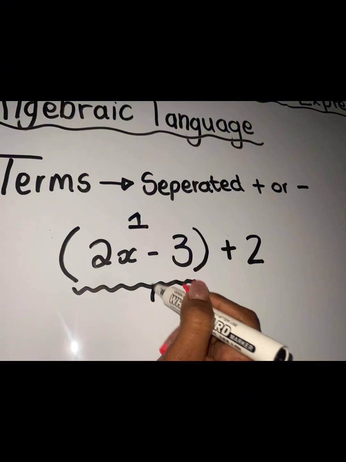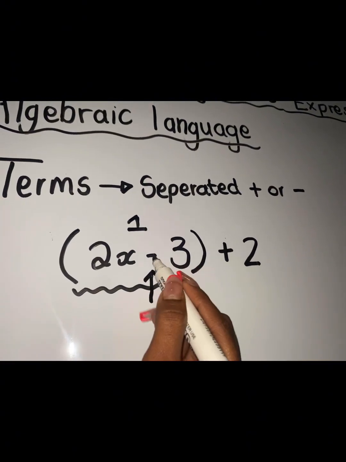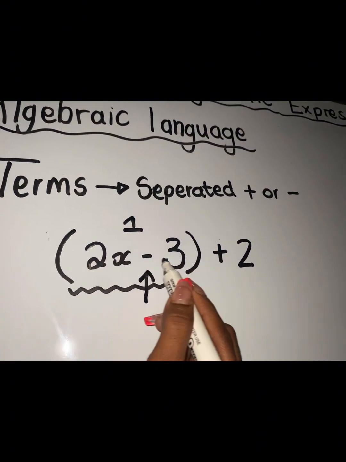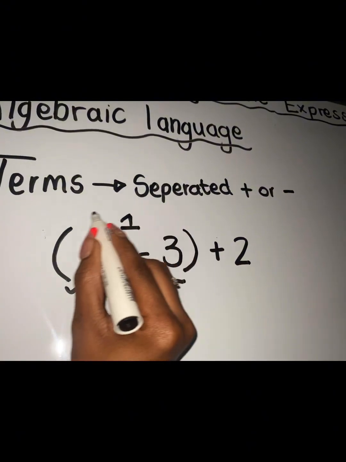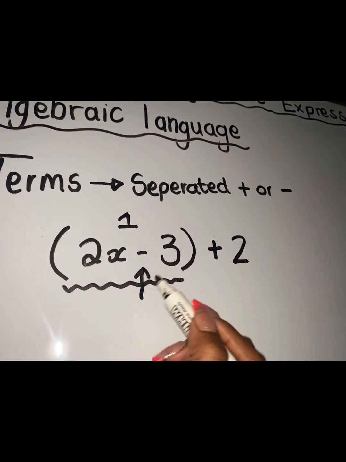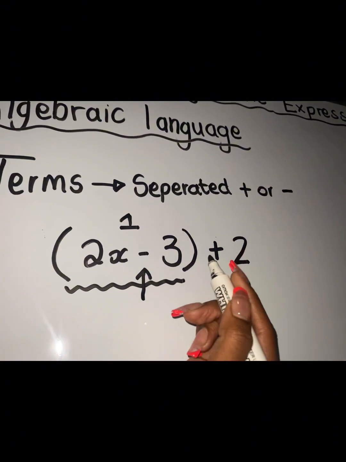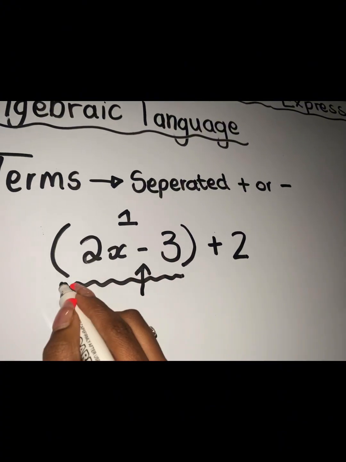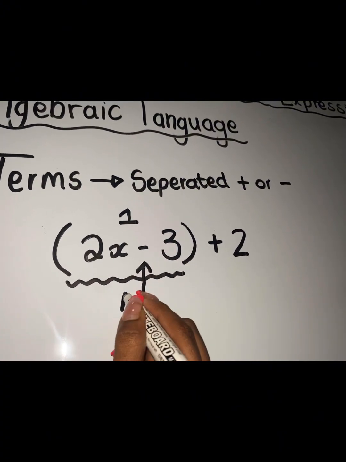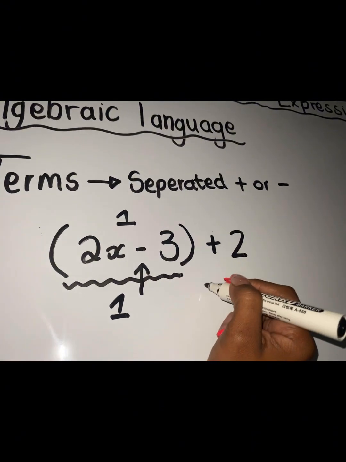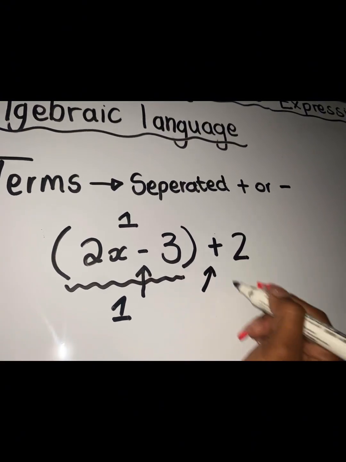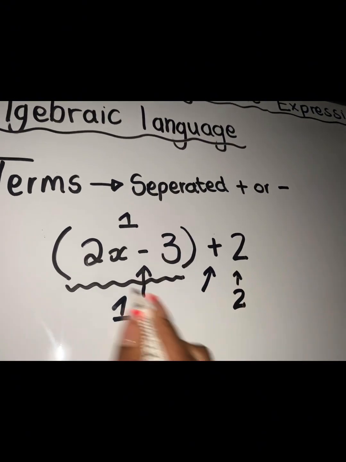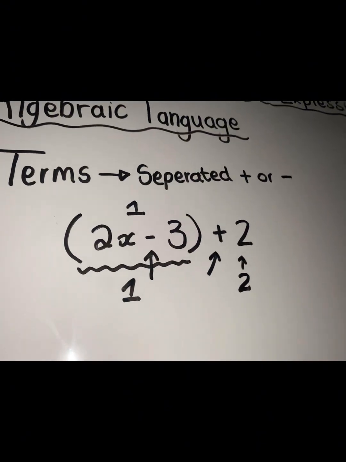Yes, you see a minus inside the bracket, but it doesn't mean that you need to separate these and make it 1 and 1. No. Whenever we have terms inside a bracket, it makes it one thing. So this whole bracket is regarded as one term. Separated by a plus, we have our second term, which is this number 2. So here we have 2 terms.